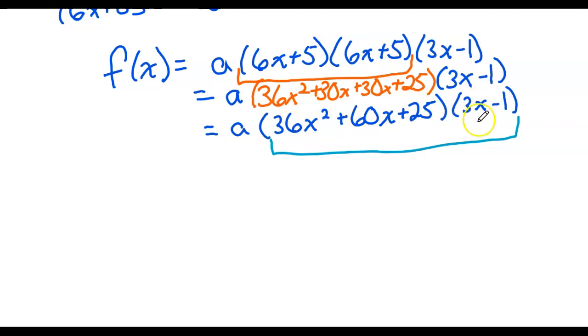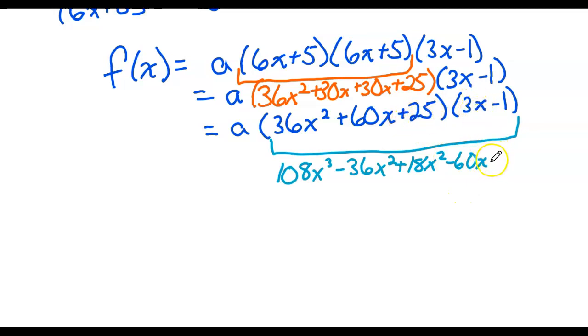So 36x squared times 3x will give me 108x to the third. 36x squared times negative 1 will give me negative 36x squared. 60x times 3x will give me a positive 180x squared. 60x times negative 1 will give me negative 60x.